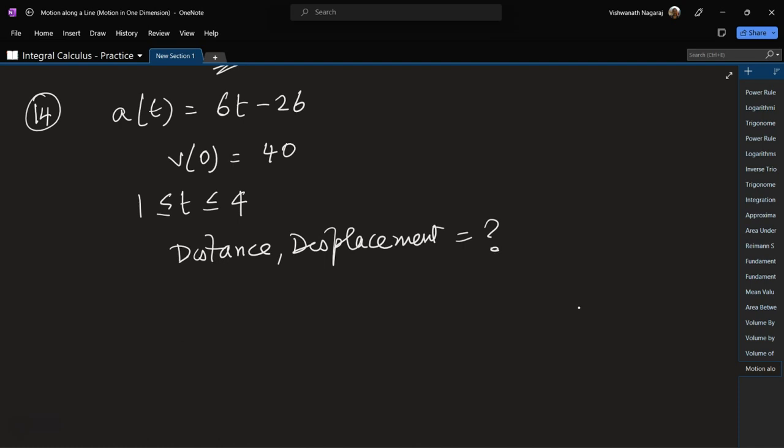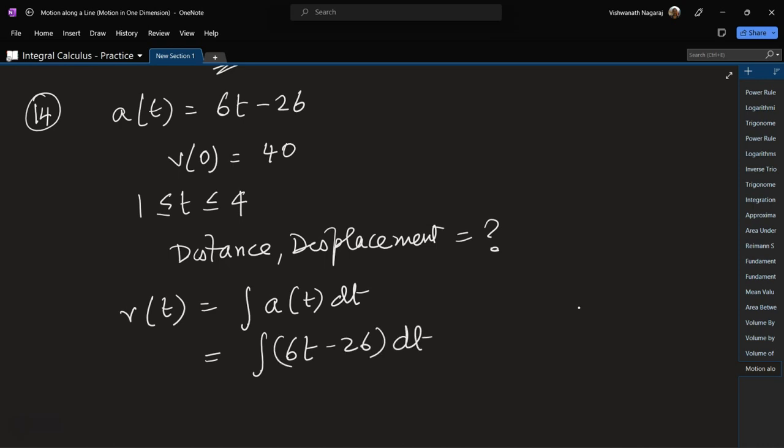Okay, to figure out both we require v of t. So let's first figure out v of t, which is the integral of a of t dt, which gives us the integral of 6t minus 26 dt, which gives us 6t square by 2 minus 26t, plus c.